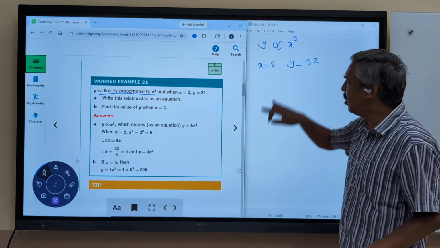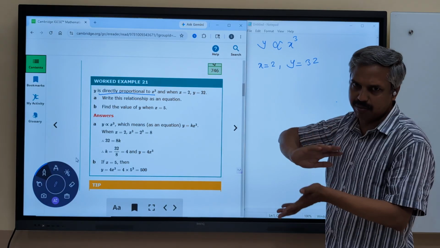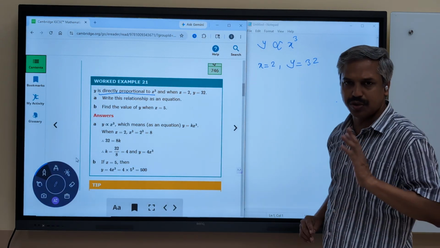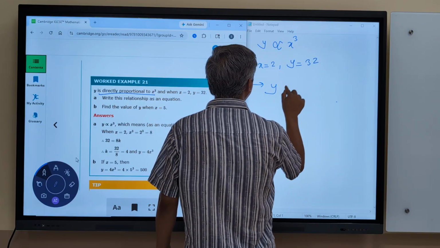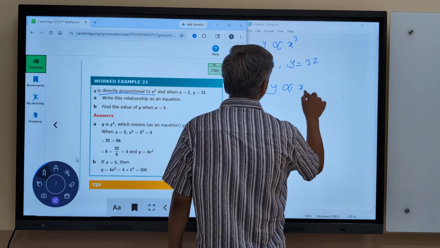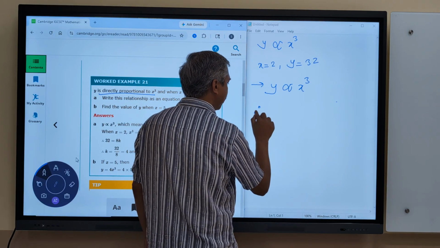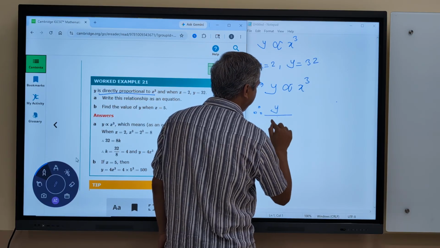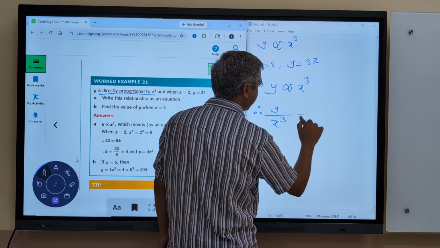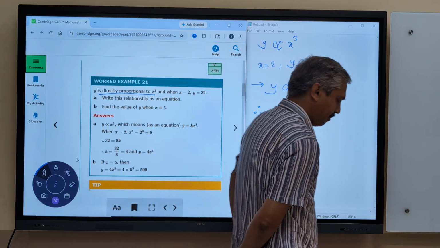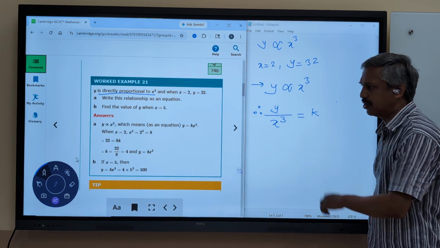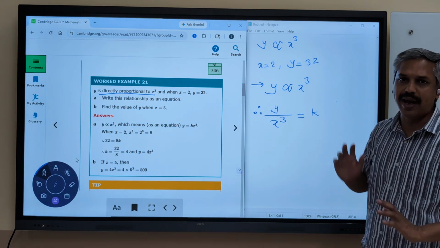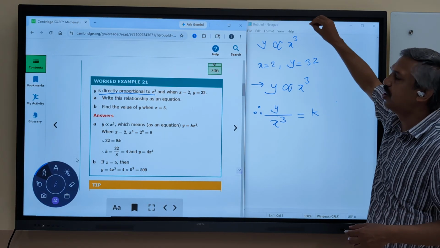We know that if two things are in direct proportion, then their ratio is constant. So y is directly proportional to x cubed. Therefore, y divided by x cubed is equal to a constant k. Please note this: I am not saying that y upon x is constant, because y is not proportional to x, it is proportional to x cubed.